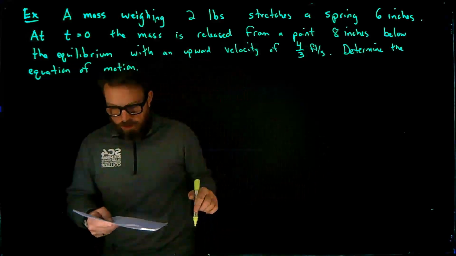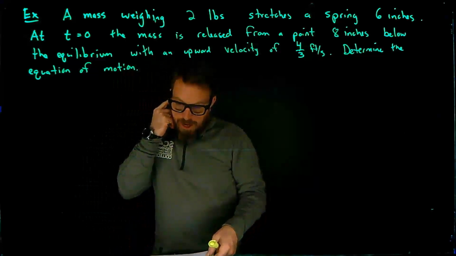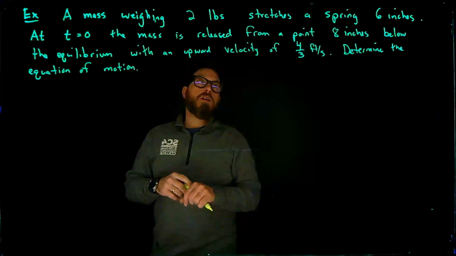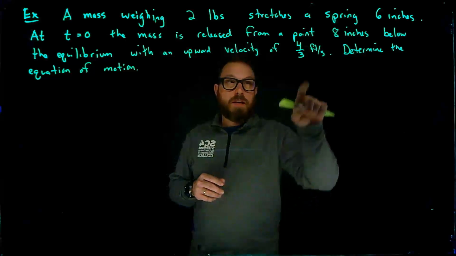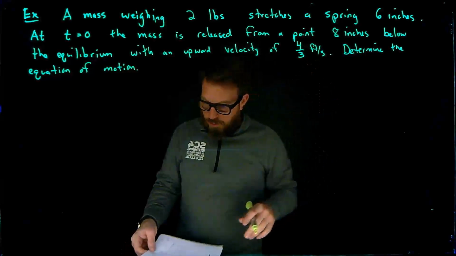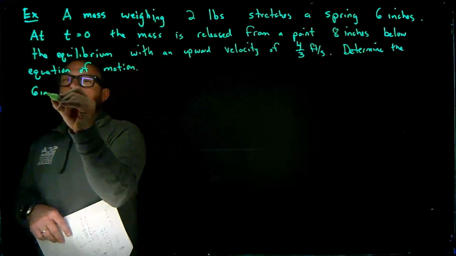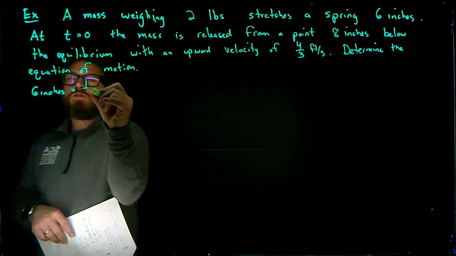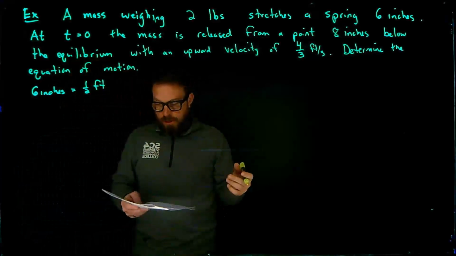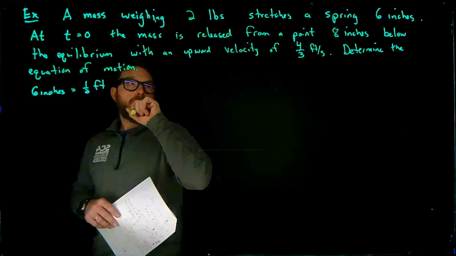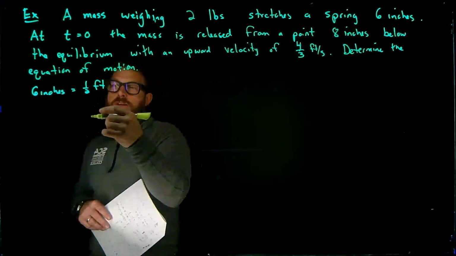So first things first, since we're using gravity as 32 feet per second, and a lot of times our weights are going to be in pounds, we need to turn all our inches into feet. And you can also see that this is feet as well. So what we know is that 6 inches is equal to a half of a foot. Another way you can say that is 6 over 12.